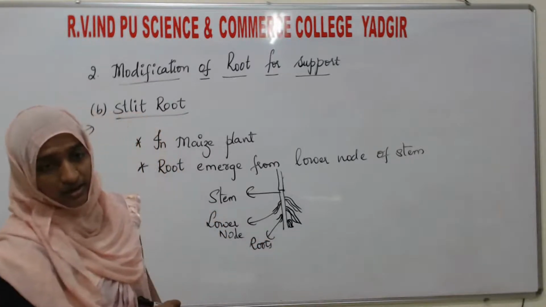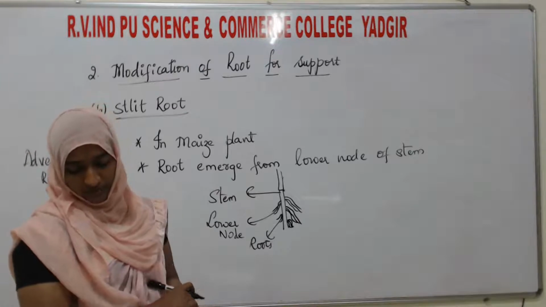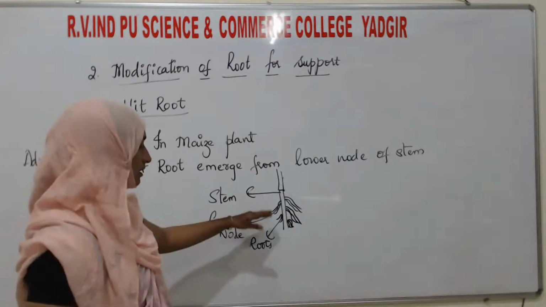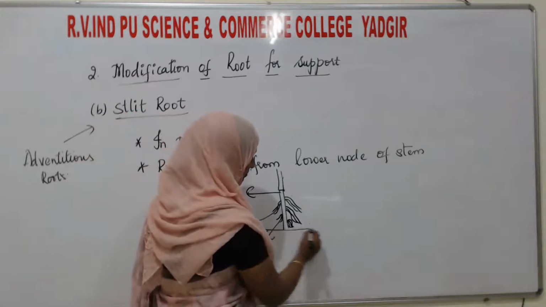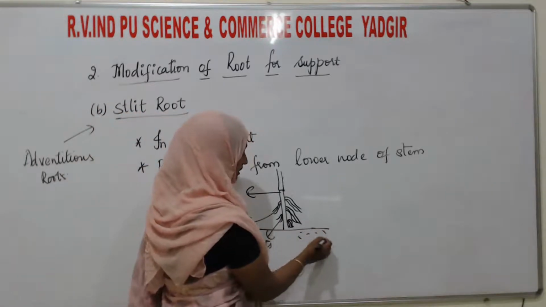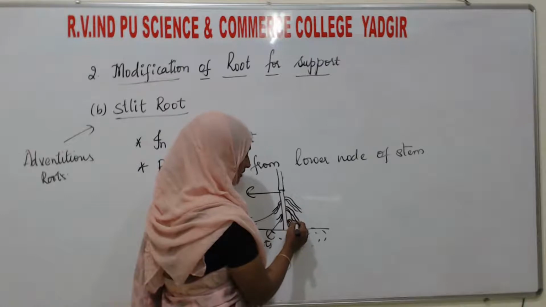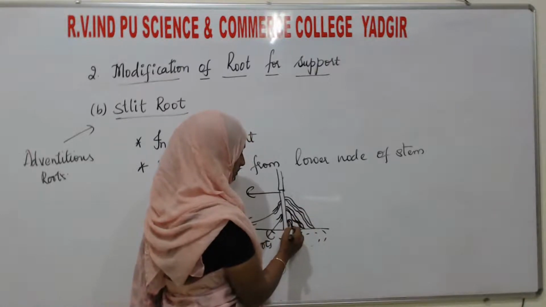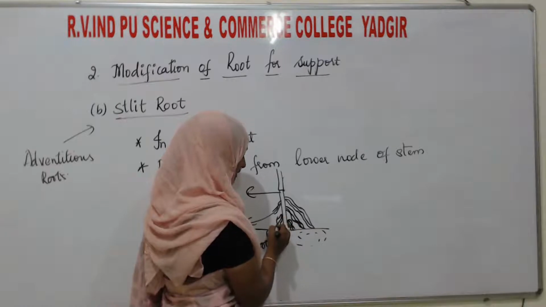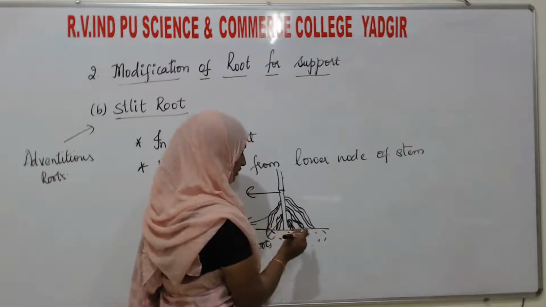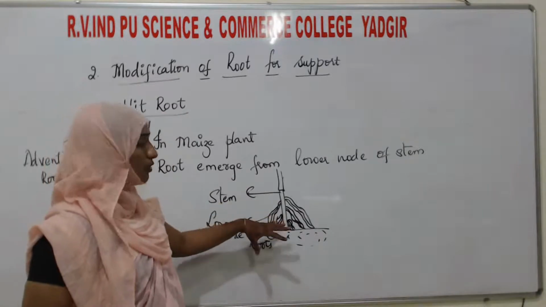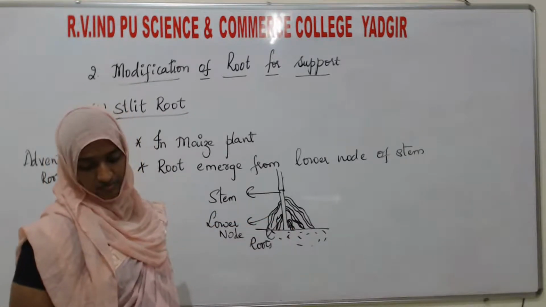Roots arise from the lower nodes of the stem and go into the ground. For example, this is the soil or the ground. They arise from the lower node and emerge into the soil, due to which they give support to the maize plant.